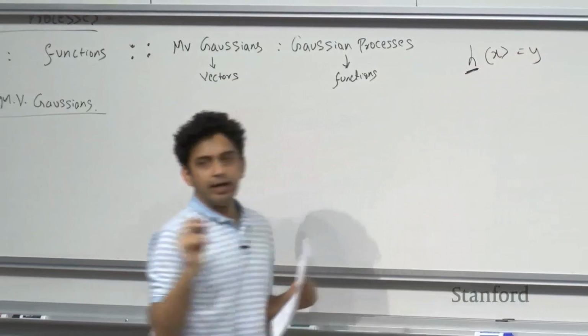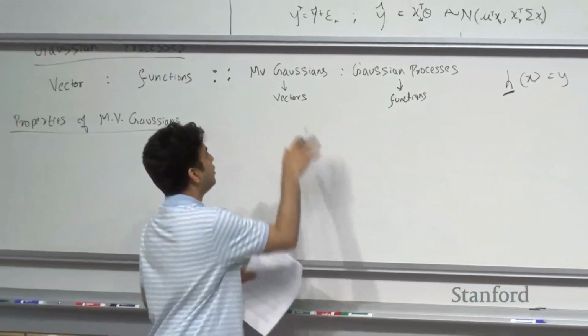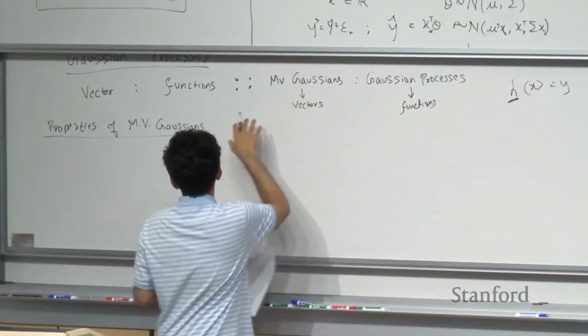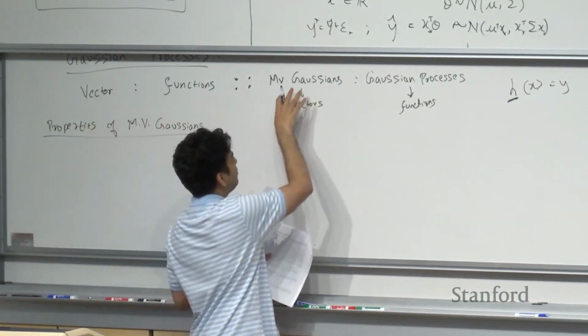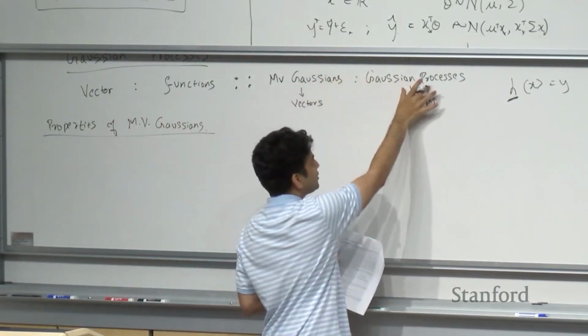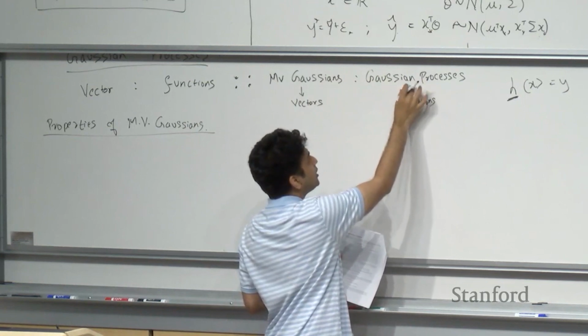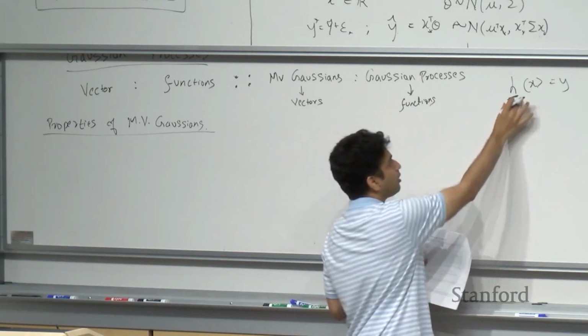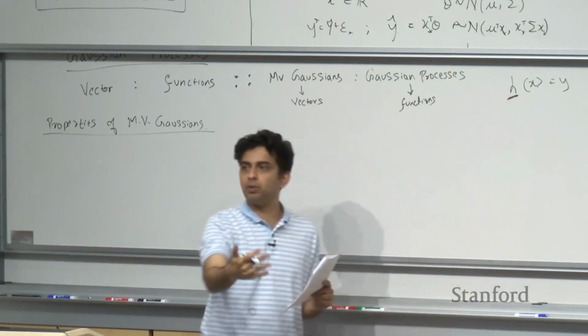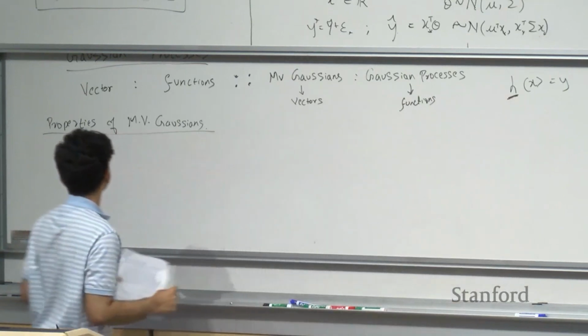So the idea to have in mind is that the way we went from vectors to functions, we can make the same leap from multivariate Gaussians to Gaussian processes as probability distributions over functions, and the functions over which we want to define Gaussian processes are our hypothesis functions with which we want to make predictions.